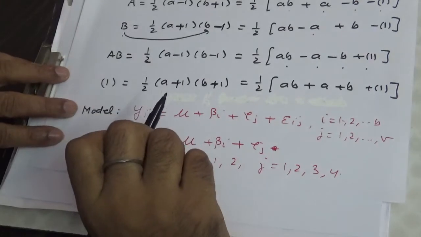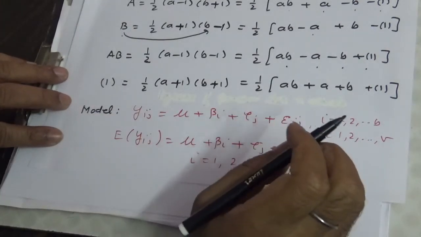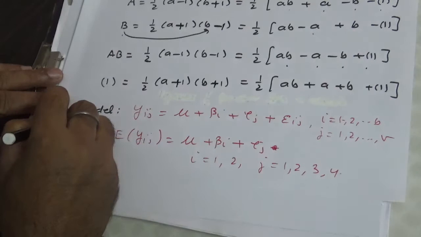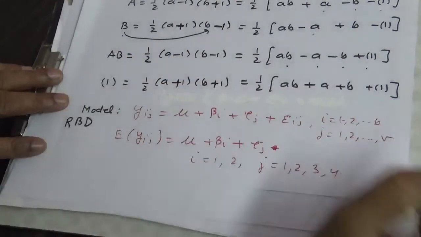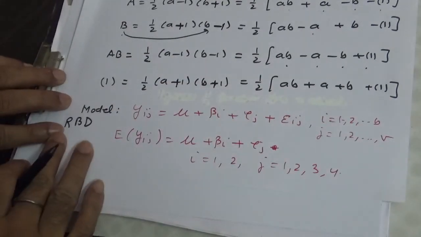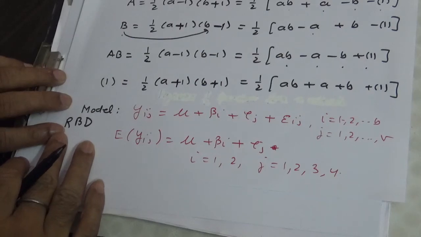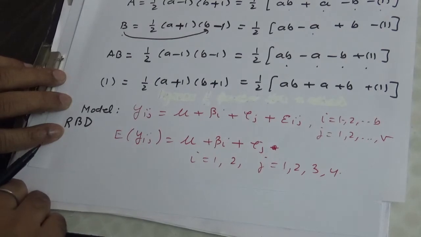Now, after this, we are assuming that we are going to conduct this experiment in an RBD. What does this mean? In RBD, there will be 2 types of effect that we have to consider. One is the block effect and another is the treatment effect.